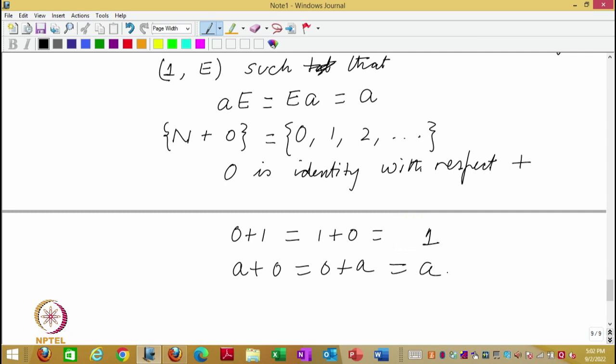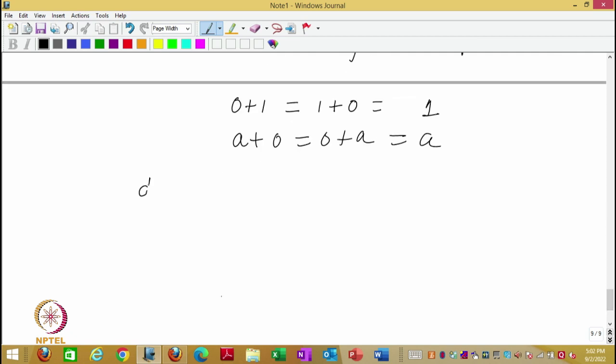So, now we have identity also, but still it has not become a group, because we have the final requirement for a group, which is inverse. So, what is inverse?